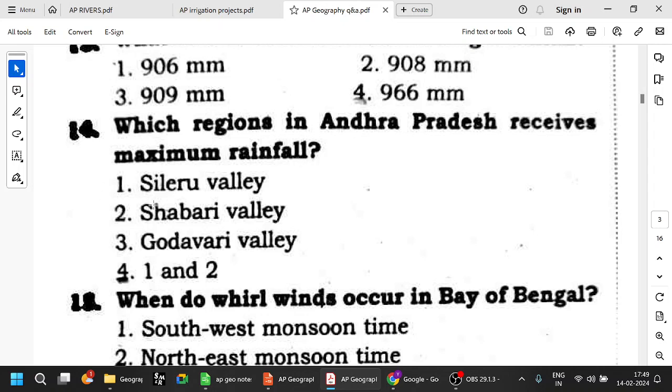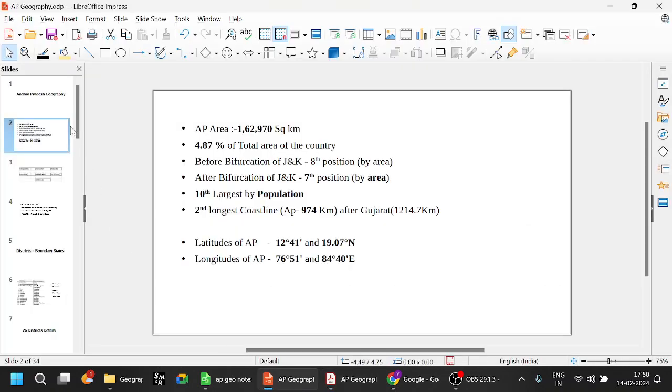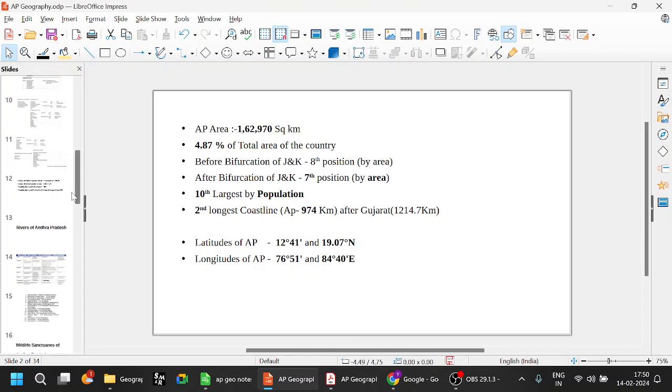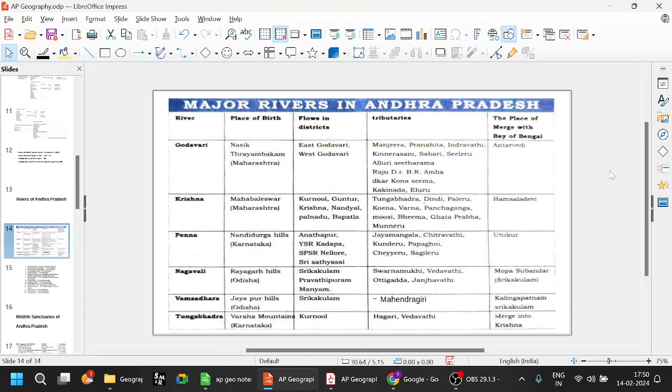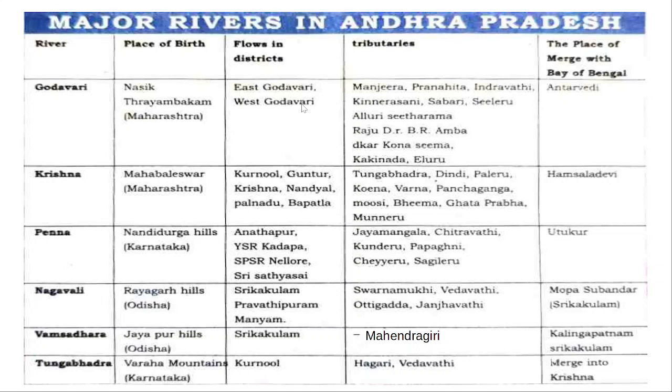So, Seeleru and Sabari. Let us look at the rivers, we'll get a better idea. Sabari and Seeleru are the tributaries of Godavari. Usually Sabari and Seeleru are considered as receiving maximum rainfall.